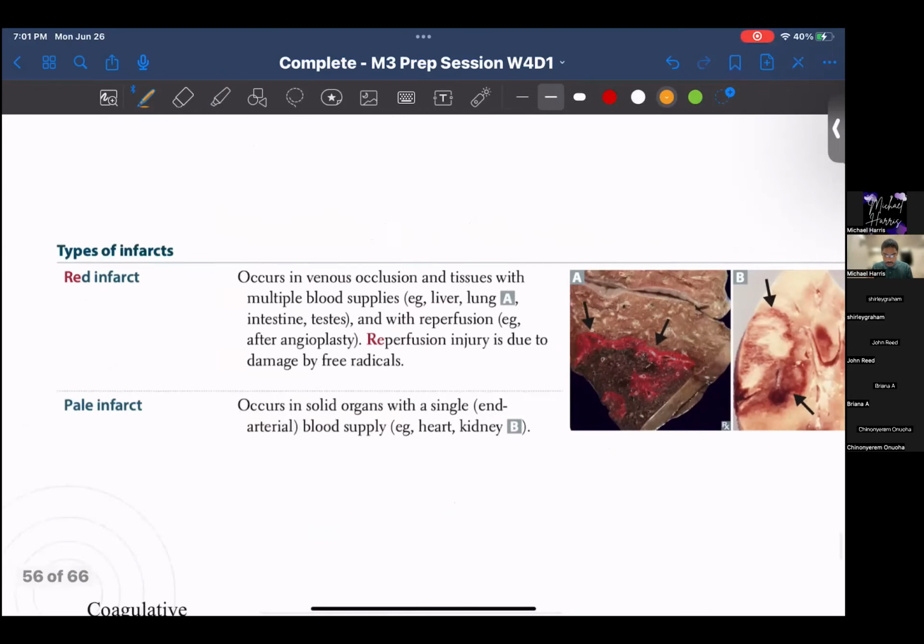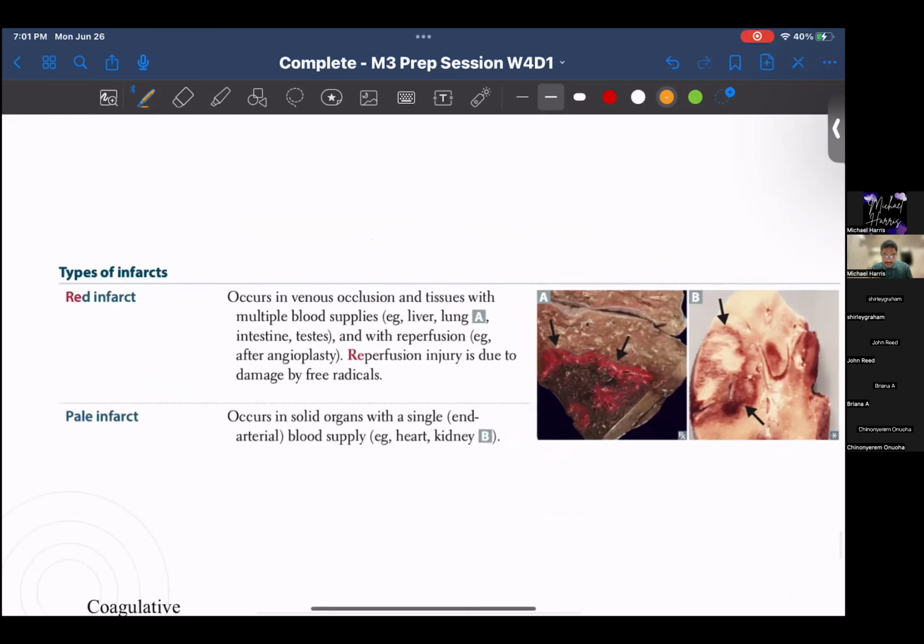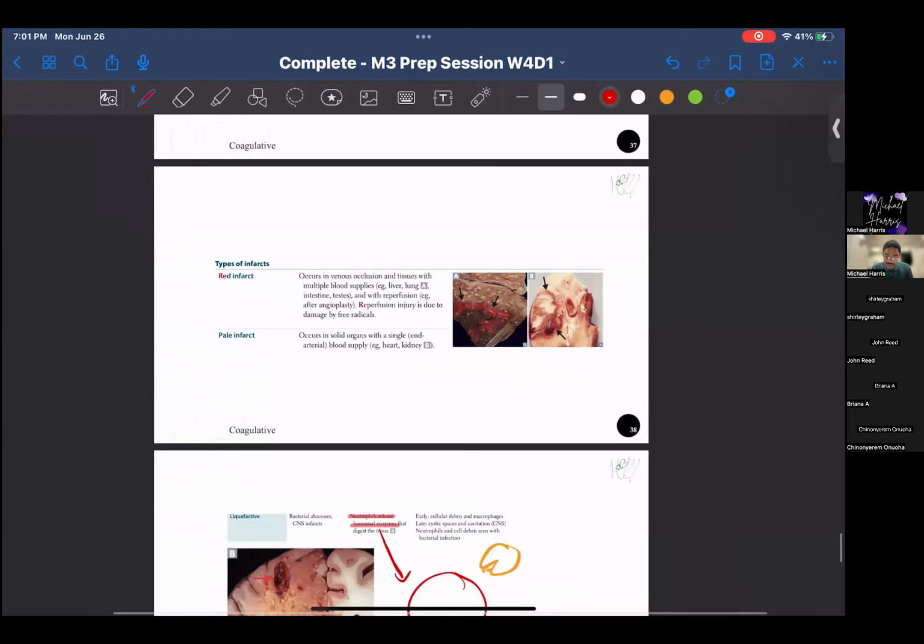Now, with that being said, there is another type of necrosis that has to deal with this blood supply that is known as pale and red infarcts. So essentially the difference is this. When you get a pale infarct, it's because the blood supply was cut to the organ, right?